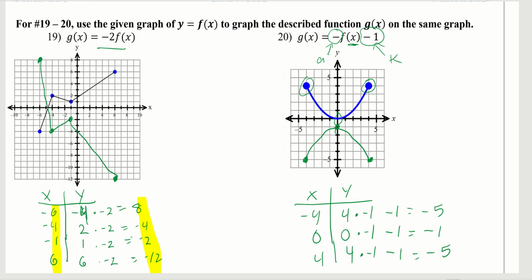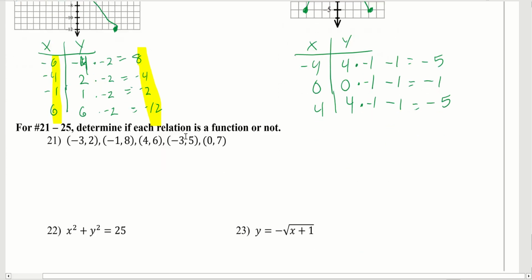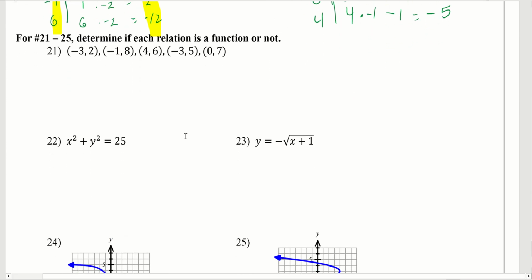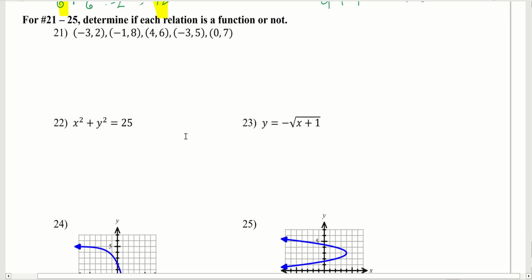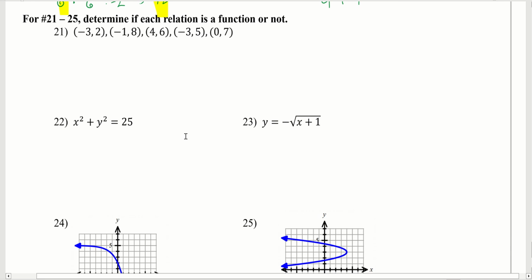Cool. Okay, our last little section here is, again, maybe refer back to what is a function in the first video if you need. So it needs to have a unique output for every input. So you're going to look through and look for big things. So here, if you notice, the x is repeated. And so therefore, one input has multiple outputs.